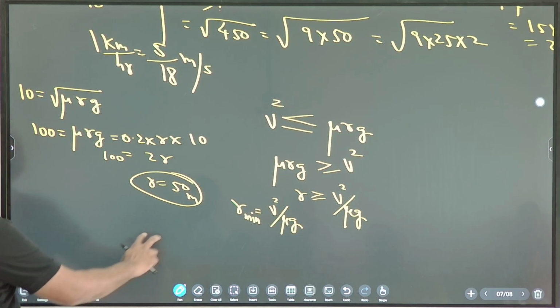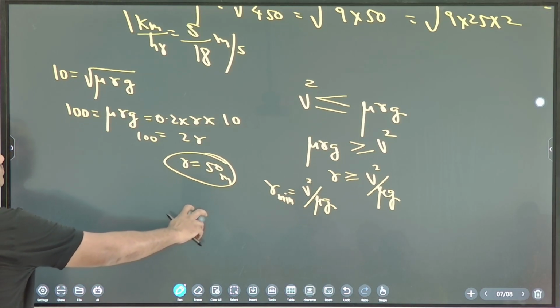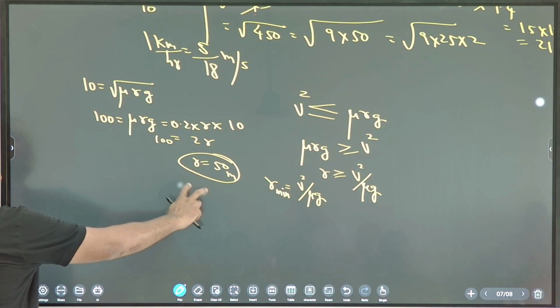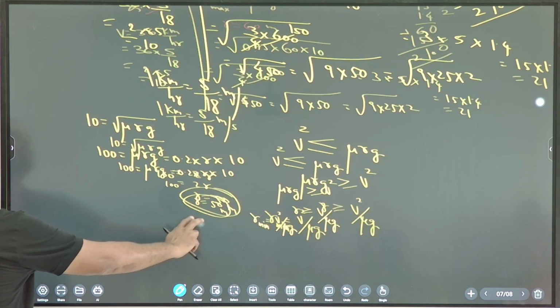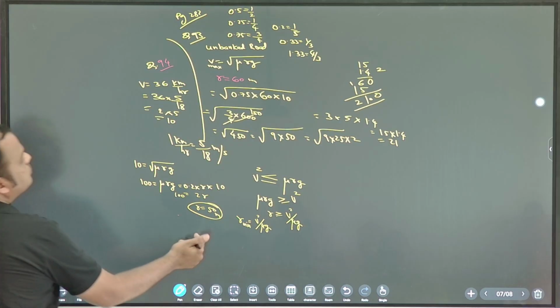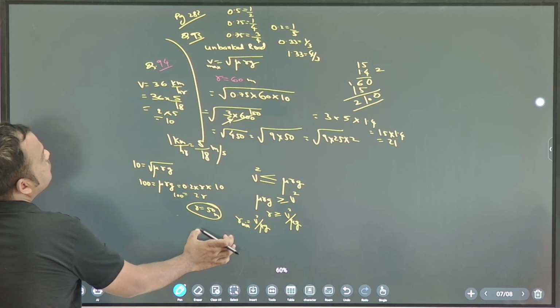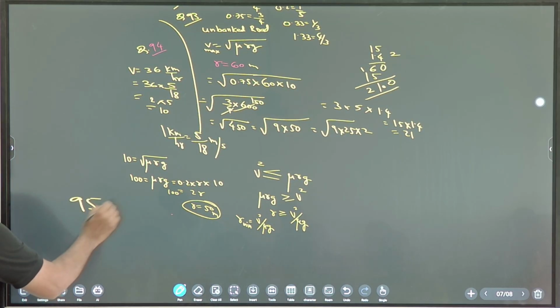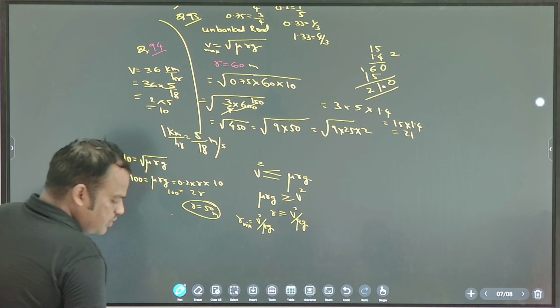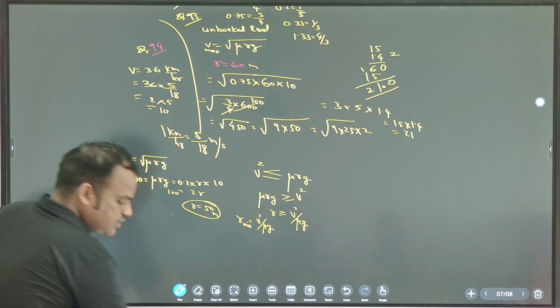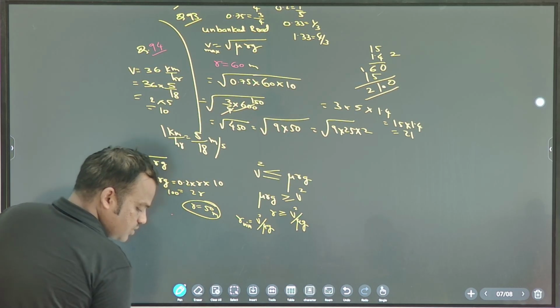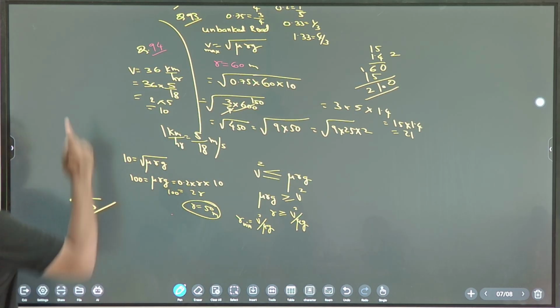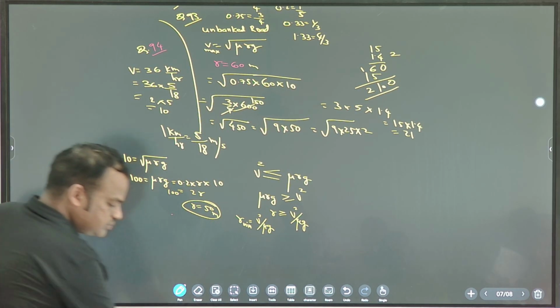Now 95. Solve 95. Which case? 1, 2, 3, which case?